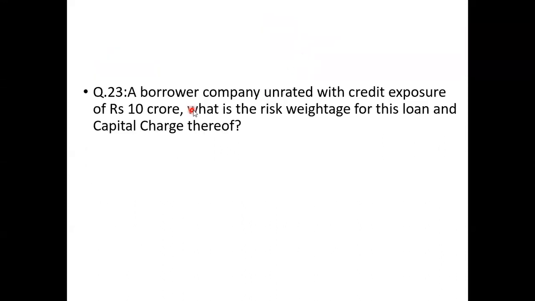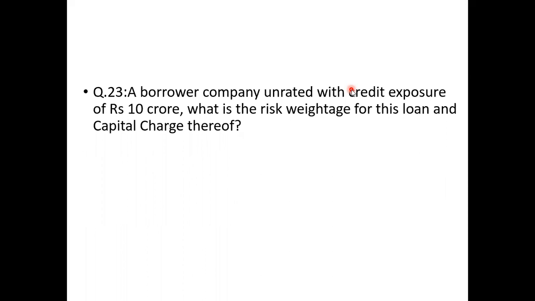For example, question 23. A borrower company, unrated. Unrated means you have to remember 100% risk weight. Triple B means 100.